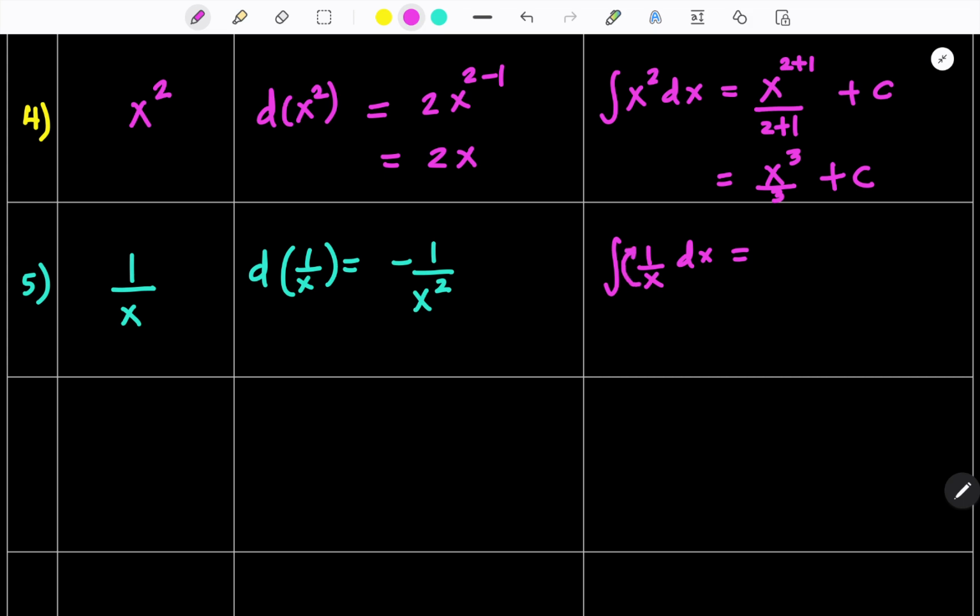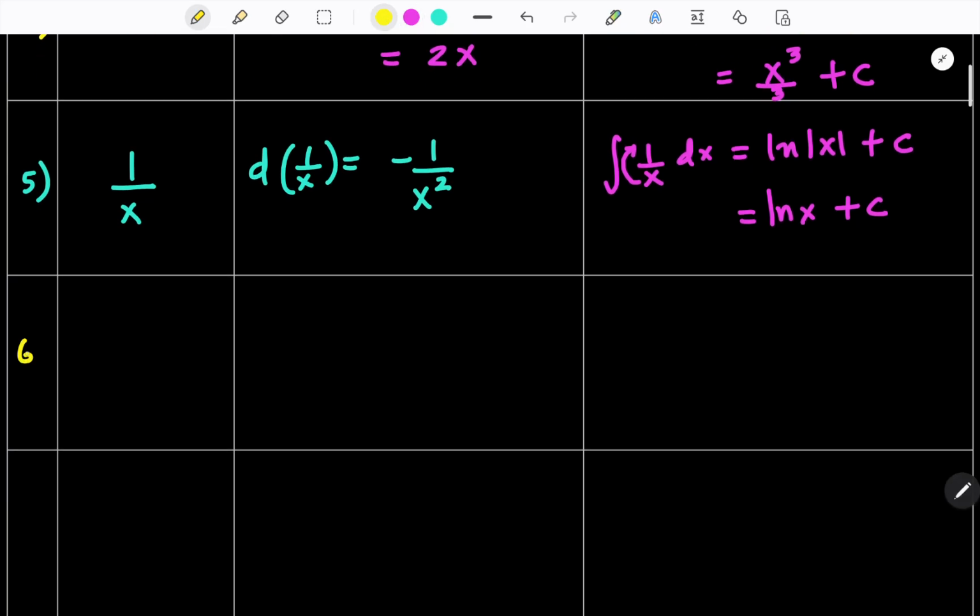So if the derivative of the denominator, which is down, is available in the numerator, which is up, then we can write ln absolute value x plus integrating constant C. You can also simply write ln x plus C, no problem. So the integral of 1 by x becomes ln absolute value of x.